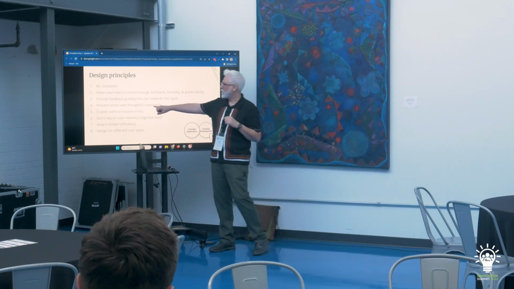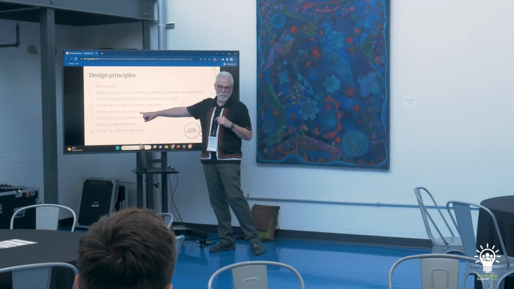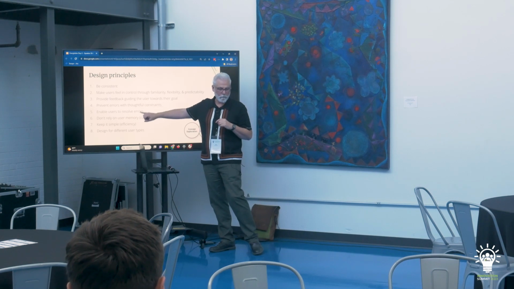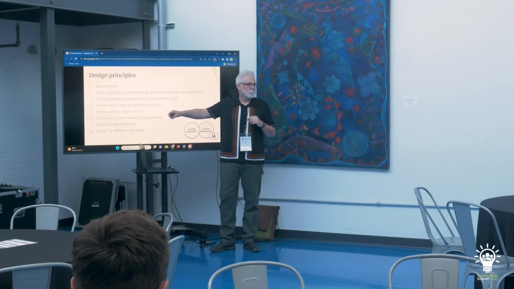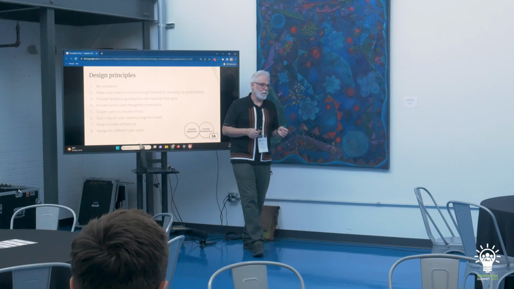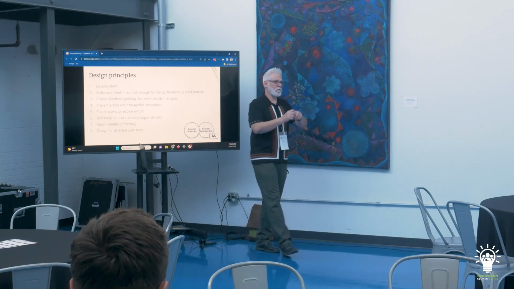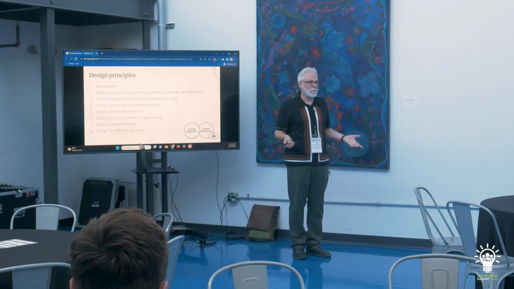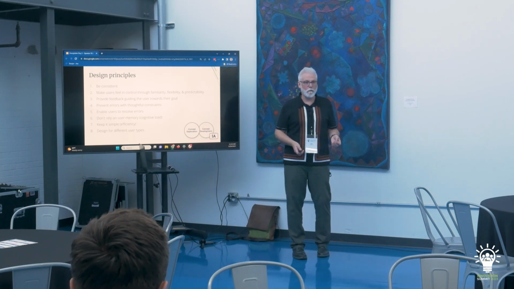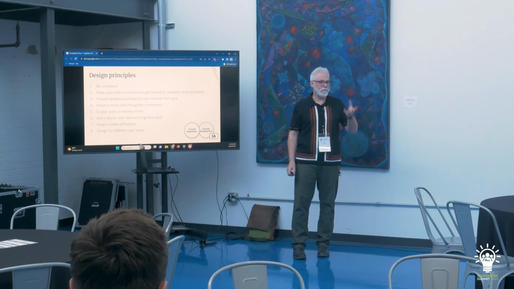I talk about preventing errors and enabling users to resolve errors. These two go together, right? You do everything you can to eliminate mistakes. But when a mistake happens, you don't throw up an error 210 invalid field, right? It's not helpful at all. Allow them to recover in a way that feels natural to them.